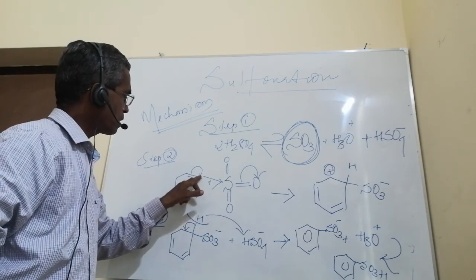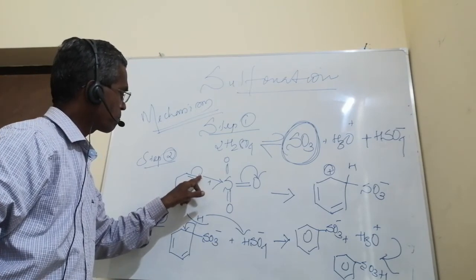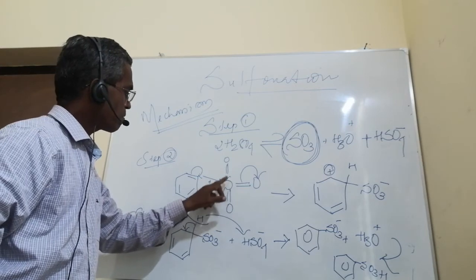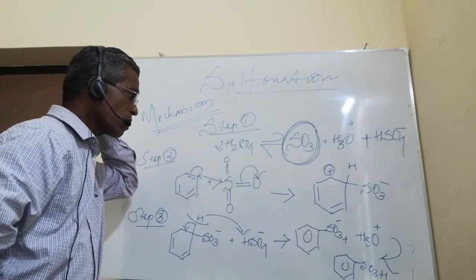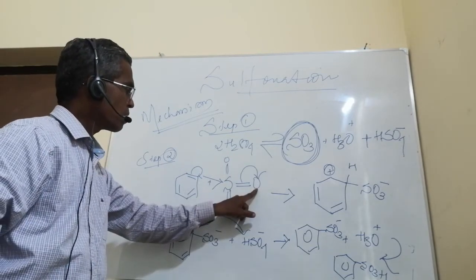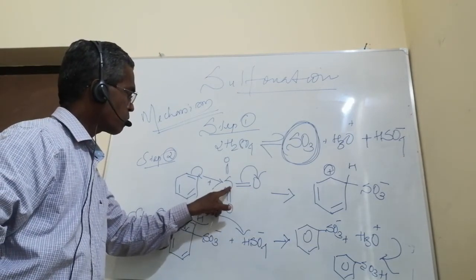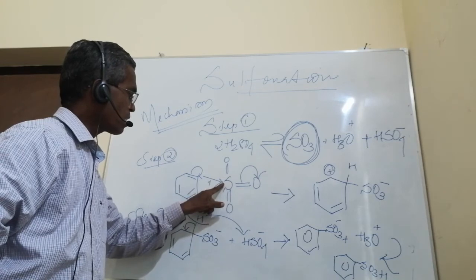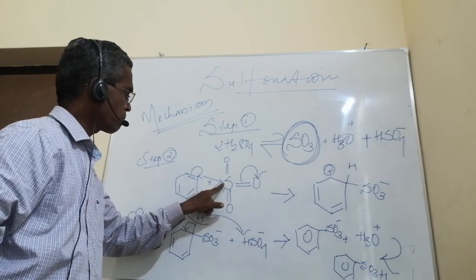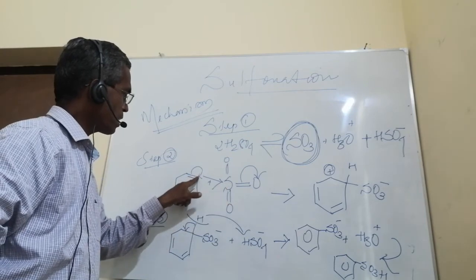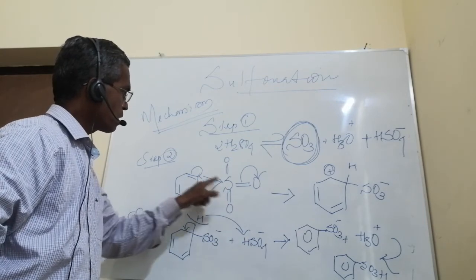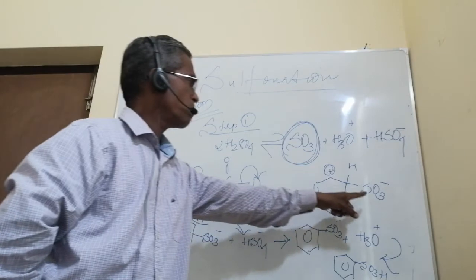And when the minus charge is developed, the sulfur trioxide adjusts its pi bonding electrons like this, so that the sulfur now acquires the positive charge. The positively charged sulfur connects with the negative end of your benzene. There will be formation of a permanent bond.